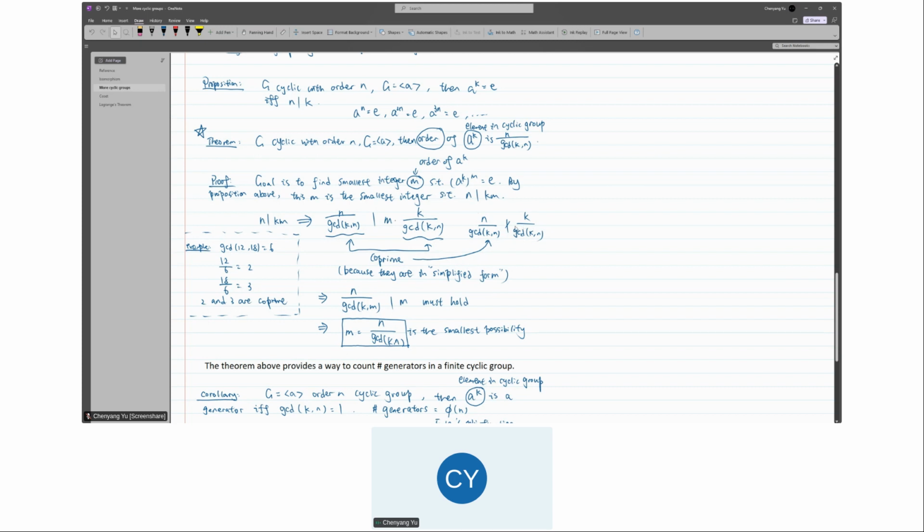This is the definition of co-prime: the only common divisor of them is 1, right? You cannot further divide some divisor out of them concurrently. So co-prime means this big chunk does not divide the other chunk.